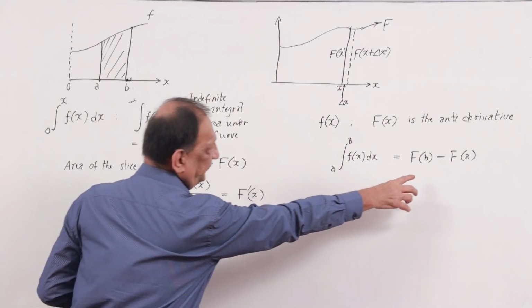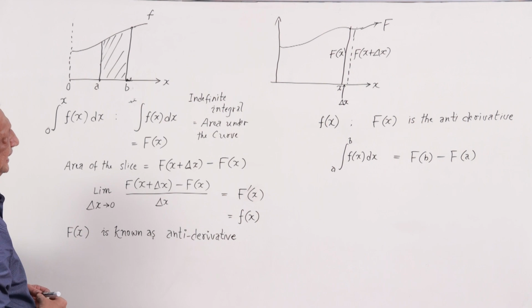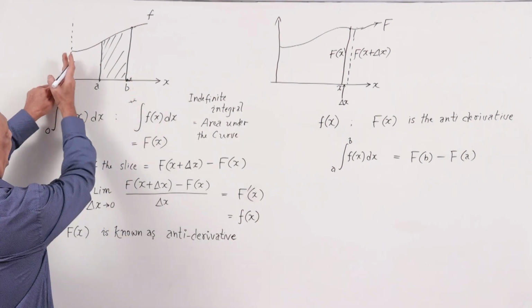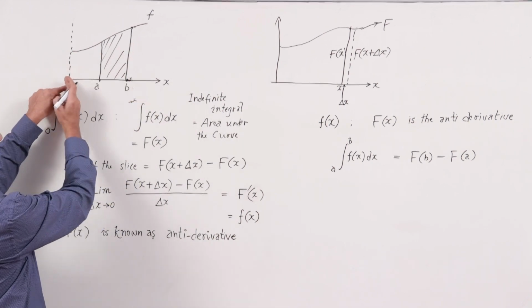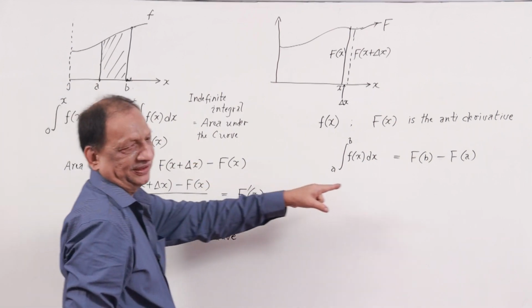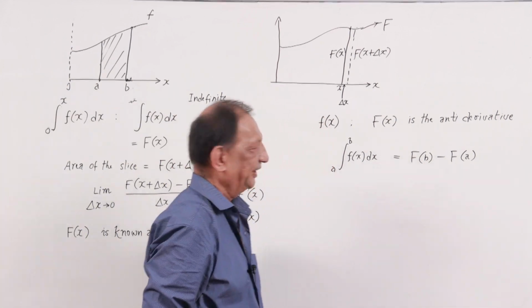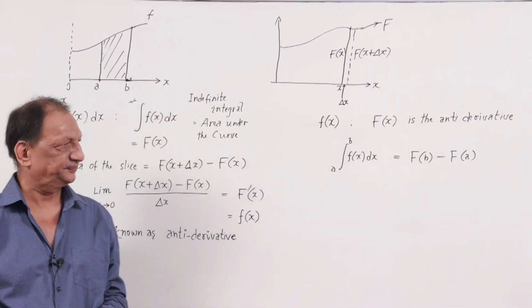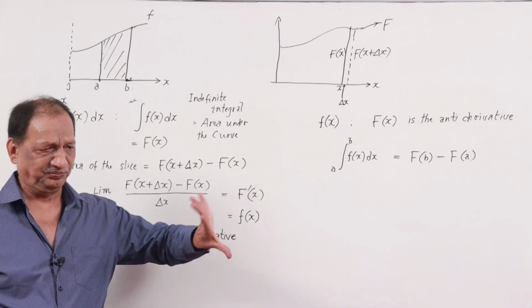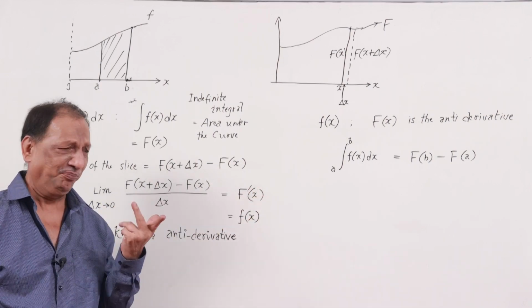Now, F of b, the value of the antiderivative at the point b, is the area from 0 to b minus the area from 0 to a. The difference should give you the integral of f of x dx. That is the second part.